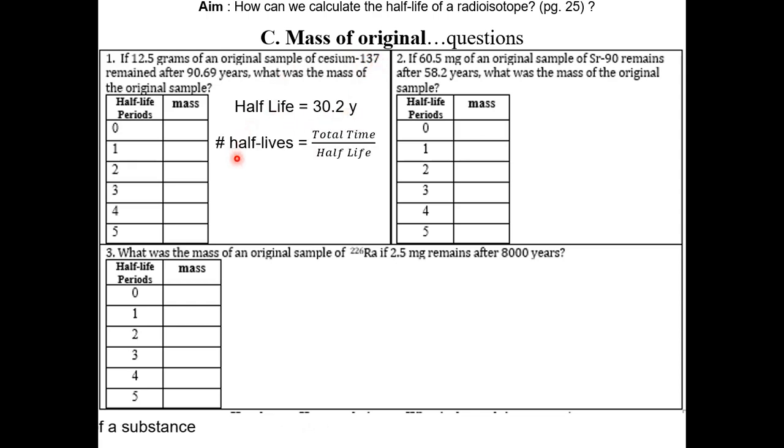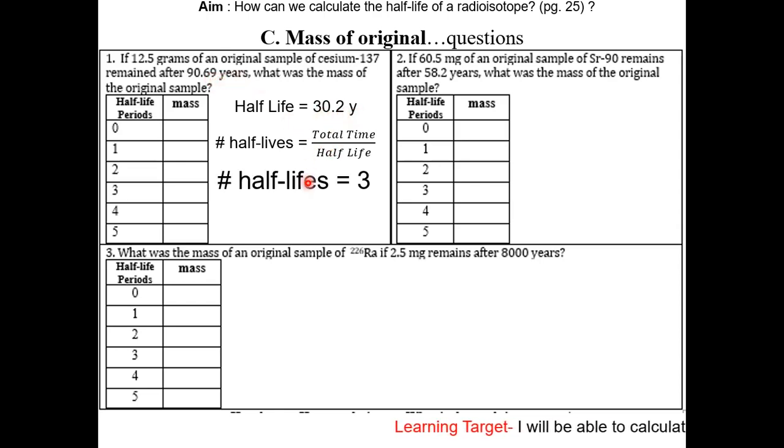The next step is to figure out the number of half-life periods that have passed. The total time is 90.69 years. The half-life is 30.2 years. So the number of half-lives is 3. So at the third half-life, we have 12.5 grams of our sample left over.